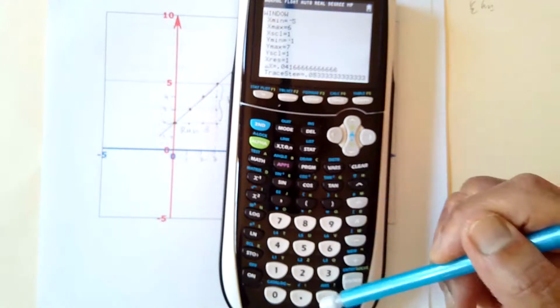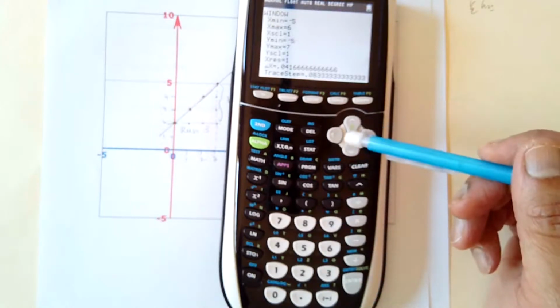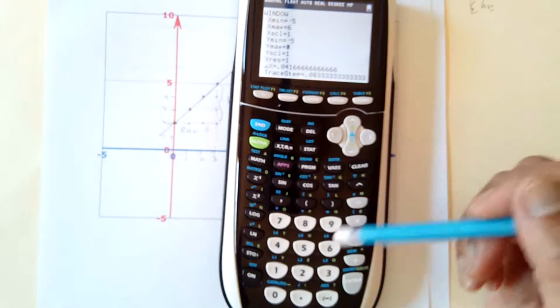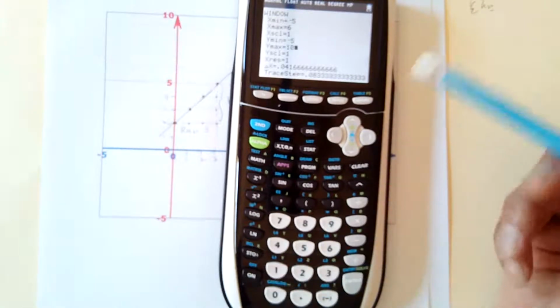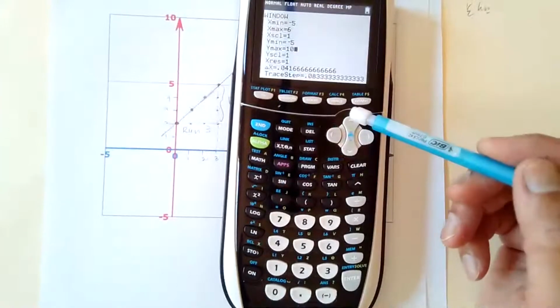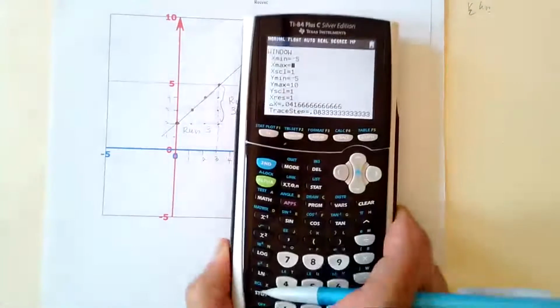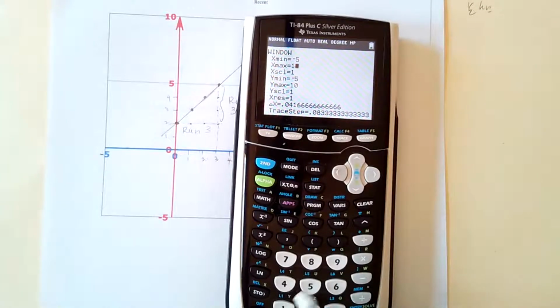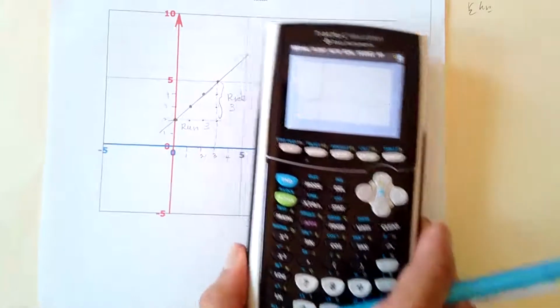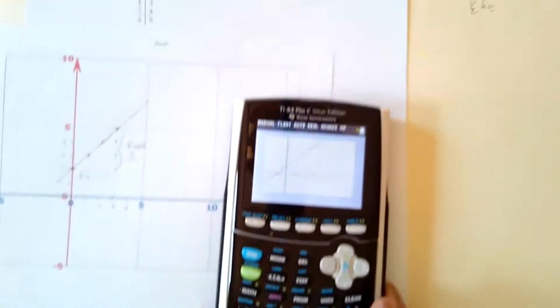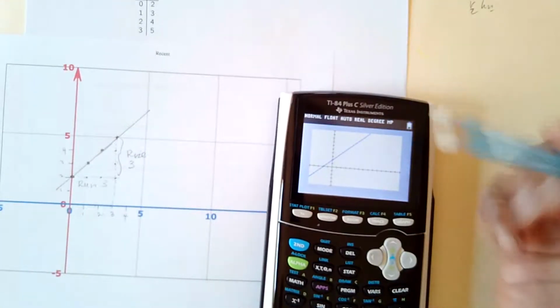Y minimum -5. Y maximum is 10. And x maximum is 15. So that's, yes, it's a 15. Graph. So that's what we have here.